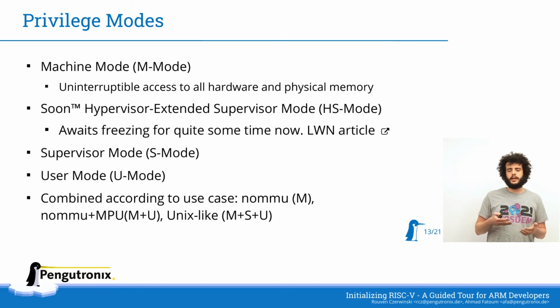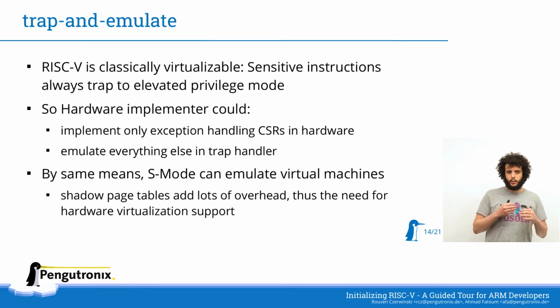And any CPU would mix these modes. So if you have a simple embedded system with no memory protection, you would just have M mode. If you have an embedded system, but user tasks should be somehow isolated with a memory protection unit, you would mix M plus U. And if you have a full-fledged Unix-like operating system with virtual memory, you would have M and S and U. And the way this is designed allows RISC-V to be classically virtualizable.